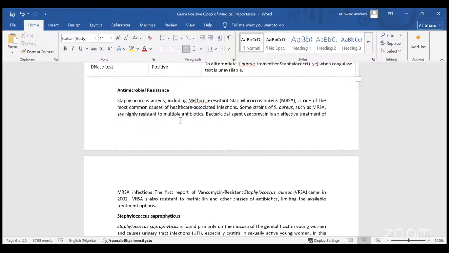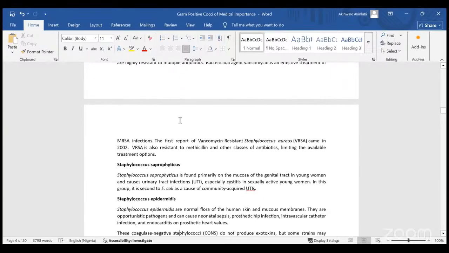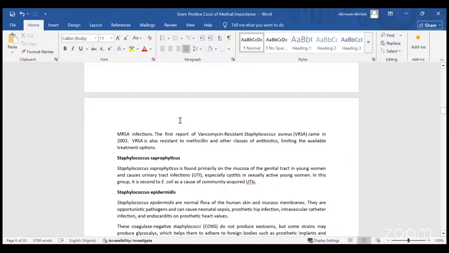The agent is vancomycin, but it will interest you that we still have vancomycin-resistant Staphylococcus aureus. So that means that the organism, as they are getting new agents, they are also devising new ways of evading the drugs.